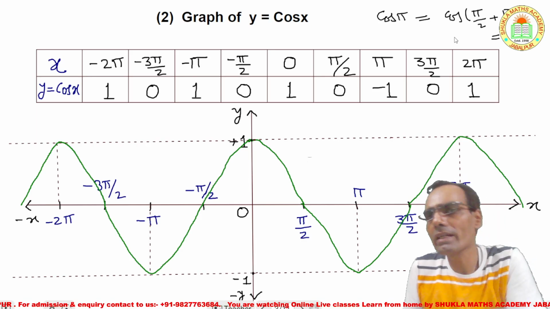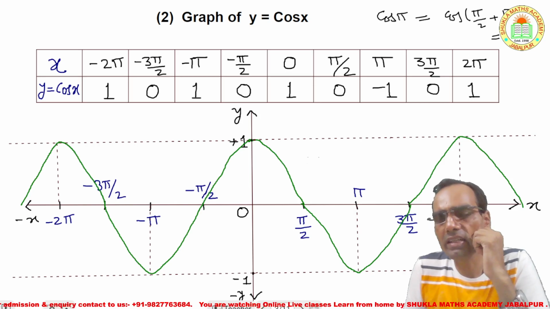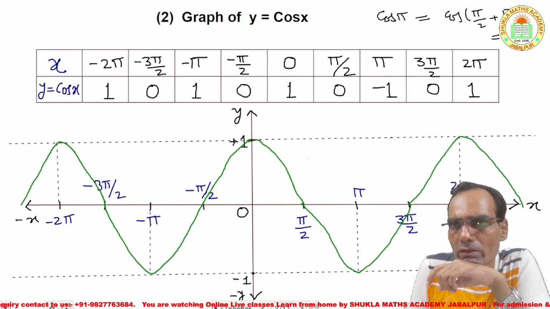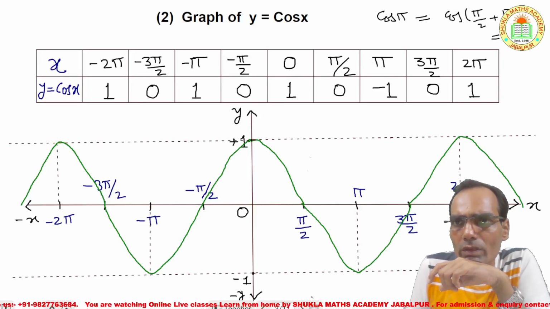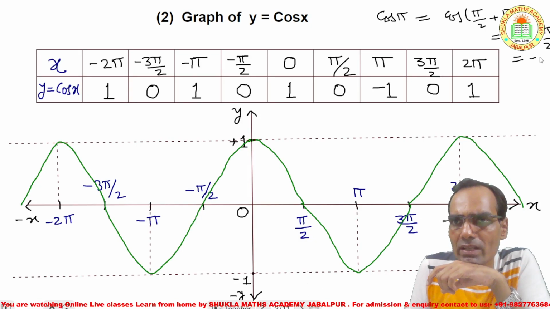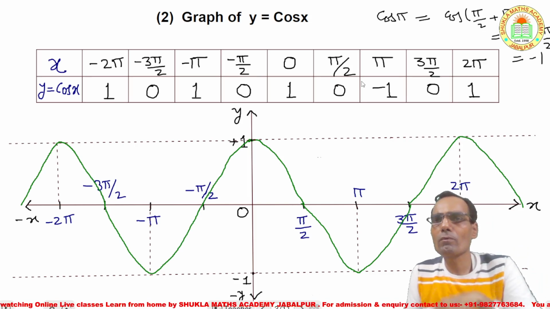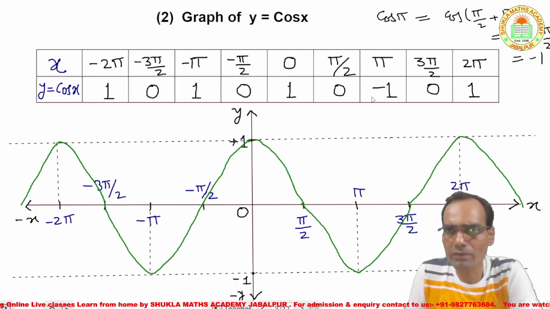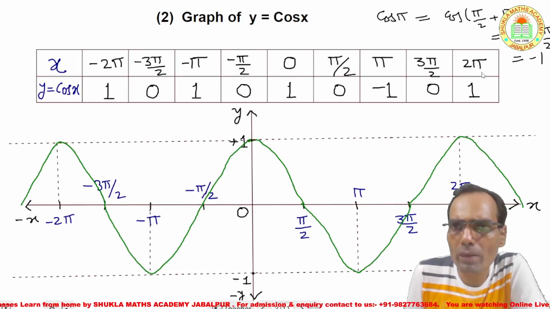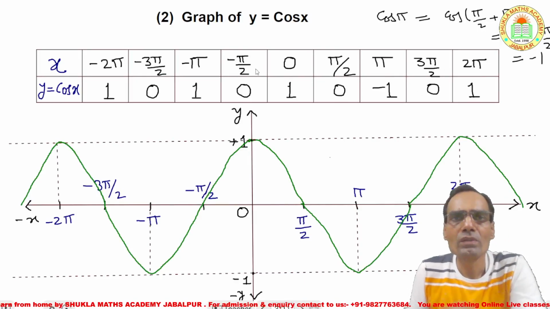So we know that cos(90 plus theta) goes in the second quadrant, so it is negative. So minus, and the function changes for the 90 angle, so it is sin 90, which is 1, and minus is common, so -1. So the value of cos pi is -1. Similarly, you can find the other values: 3 pi by 2 it is 0, and also 2 pi it is 1, right?